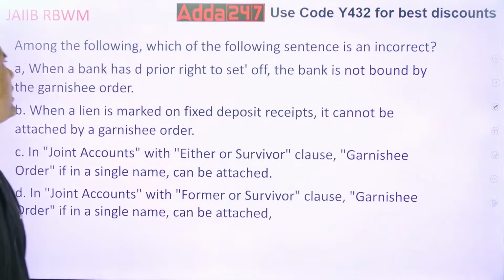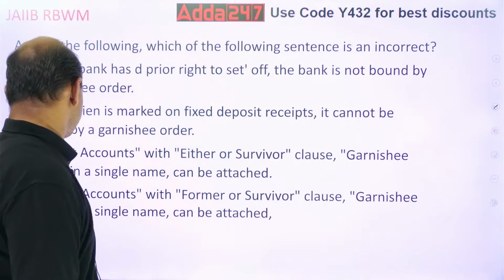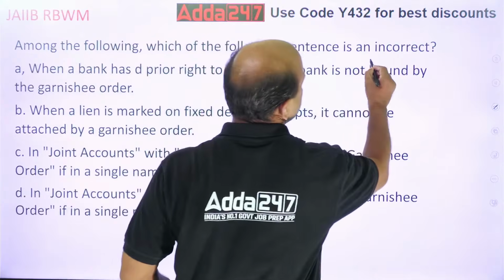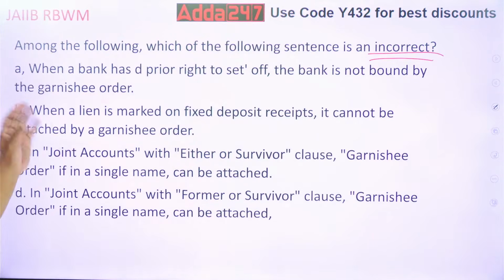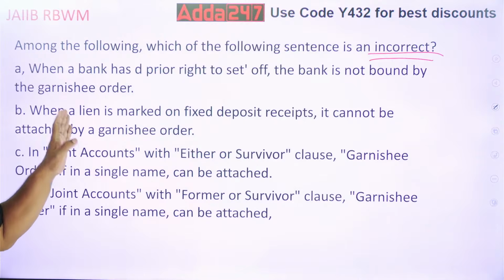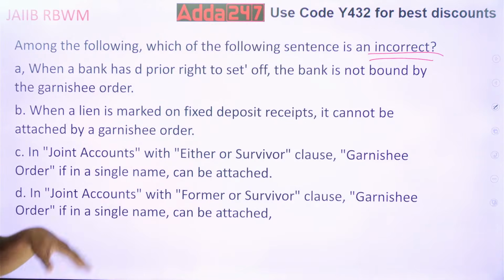Which of the following sentences are incorrect? See, here you want the incorrect answer. When a bank has the prior right of set off, bank is not bound by the garnishee order. When a lien is marked on a fixed deposit receipt, it cannot be attached by garnishee order.